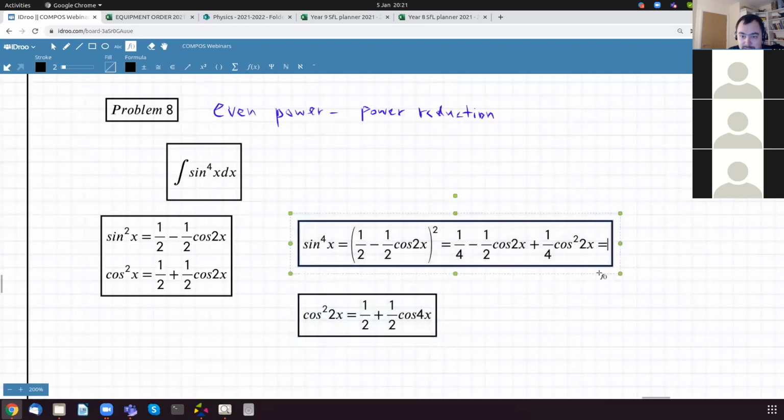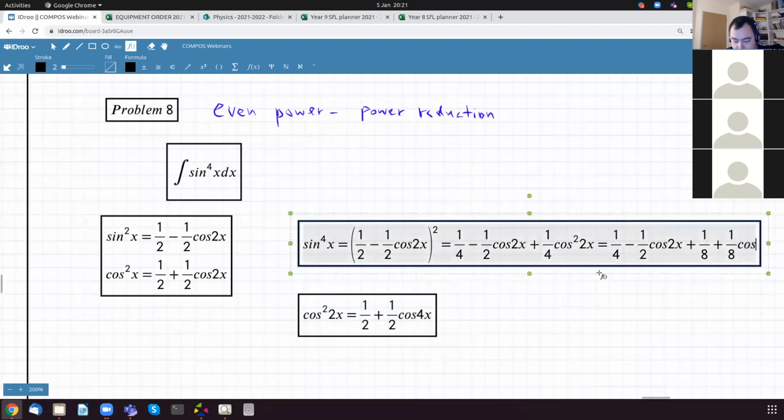It's going to be equal to a quarter minus a half cos 2x plus a quarter times that, so it's 1/8, plus 1/8 cos 4x.